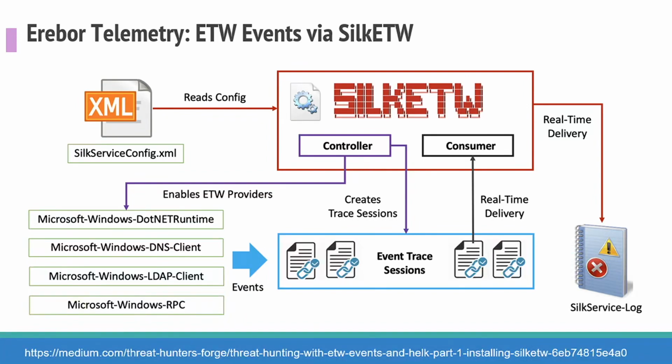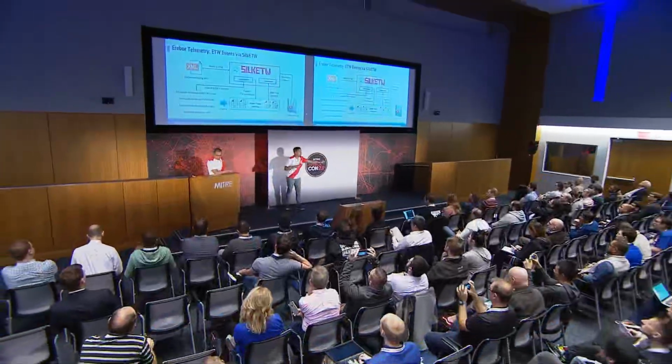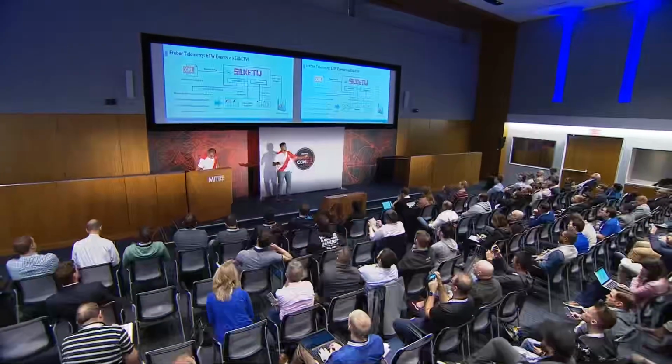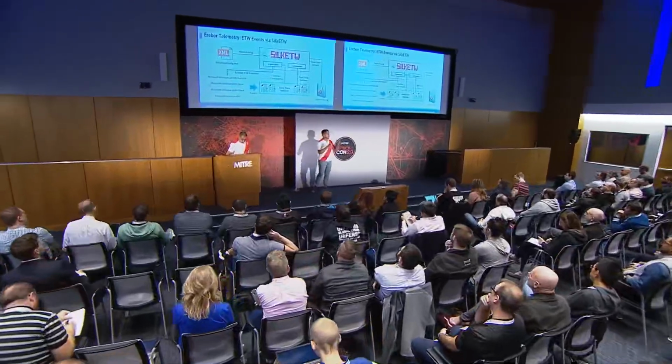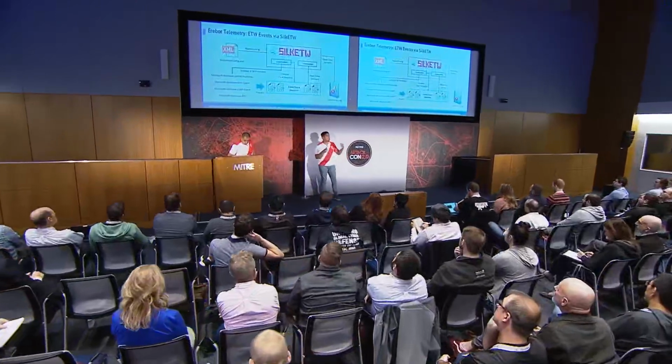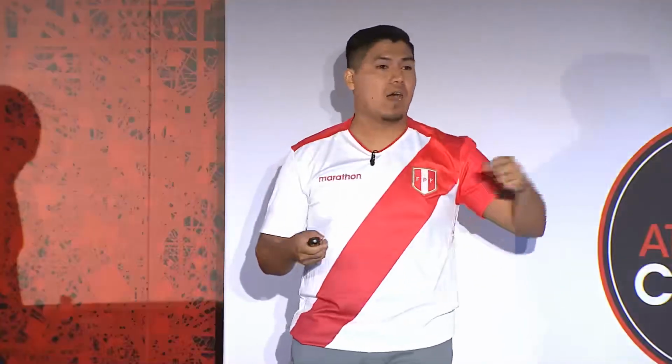They subscribe to those ETW providers. SilkETW collects the data in real time and writes it back to an event log in real time. And you're pretty much collecting data from ETW providers where the specific channel for the event log is not set up, so it was not meant to practically just send events to the event log. We apply the same concept in here.